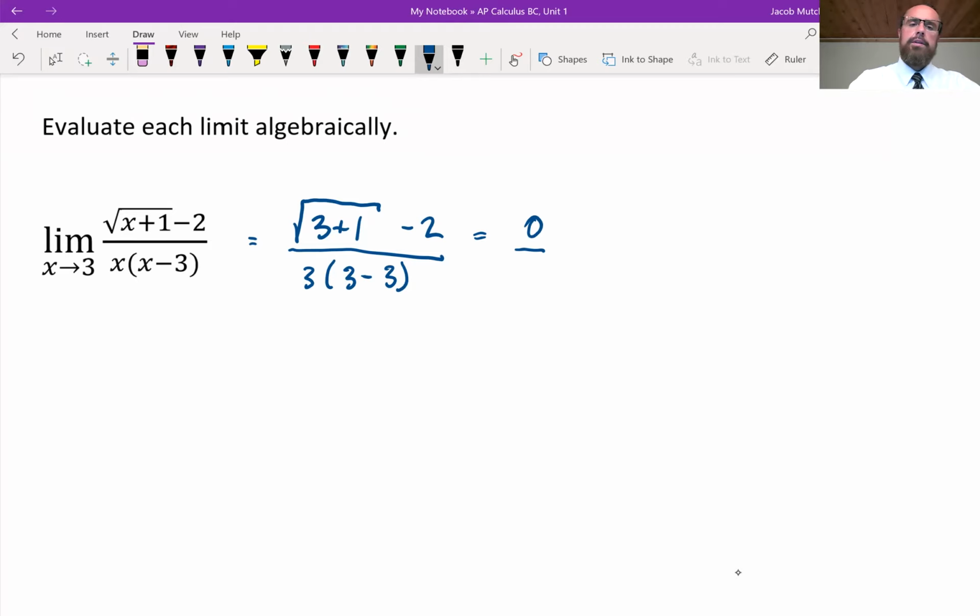And then down below in the denominator, 3 minus 3 is 0. 3 times 0 is 0. So again, we've reached that kind of downer. It's the indeterminate form. And again, the problem with the indeterminate form is really not the numerator, it's the denominator.